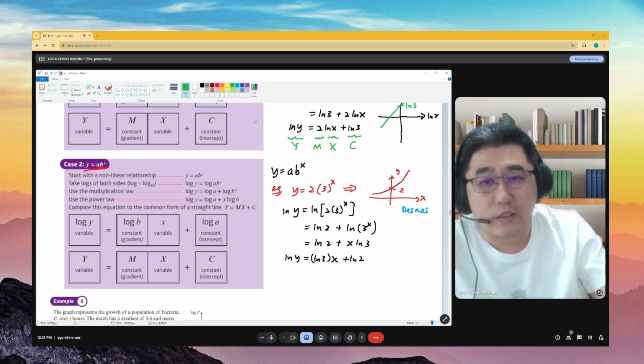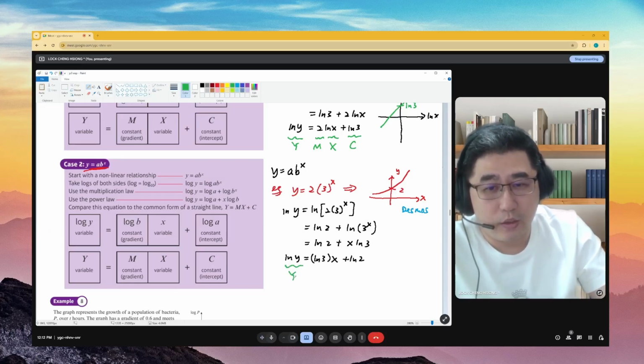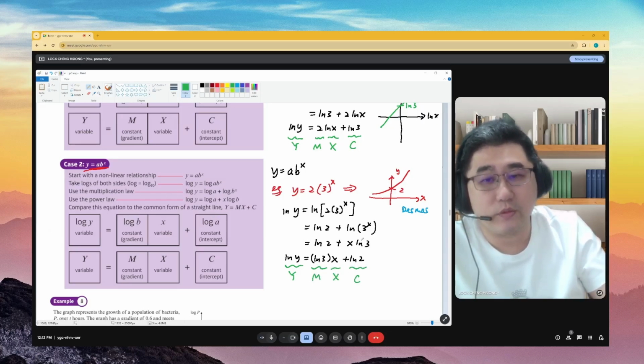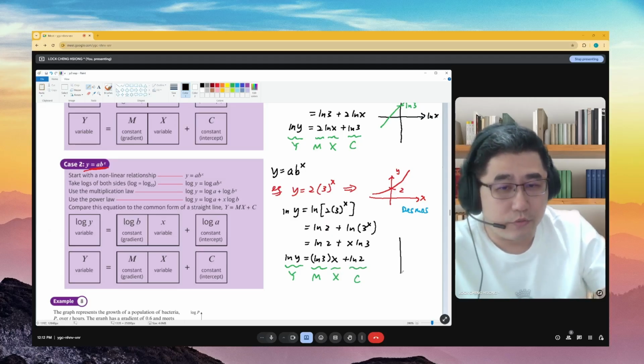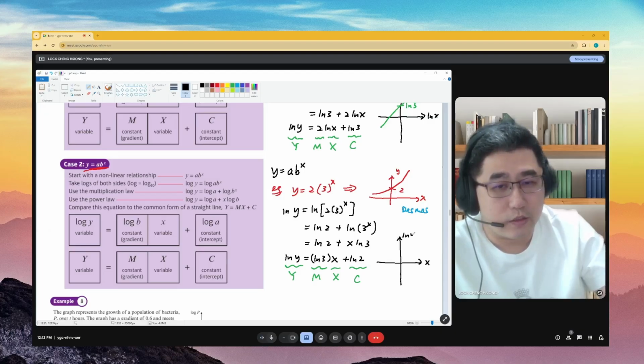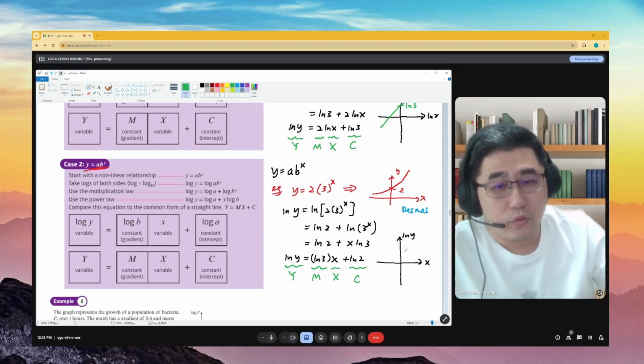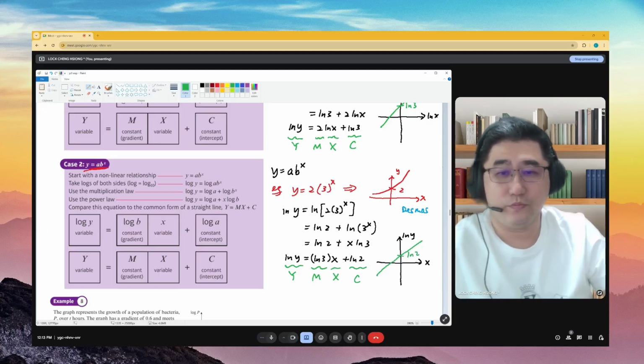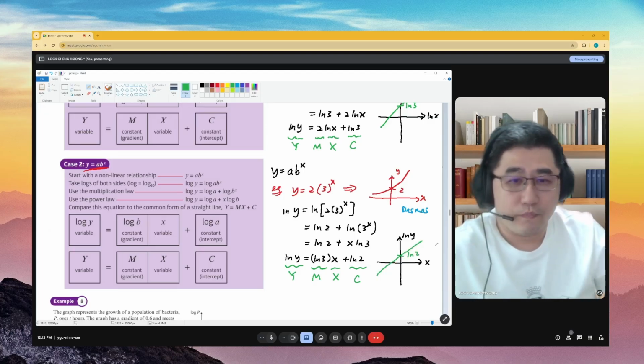So how do we see it? We see this as my capital Y, this is my capital M, this is my capital X, and this is my capital C. So in the end, I get the shape that looks like this, a straight line with intercept of ln 2.